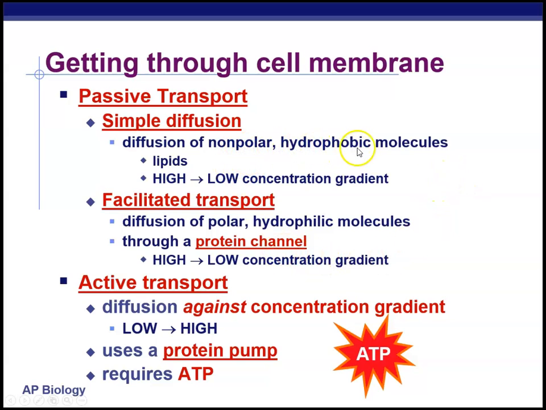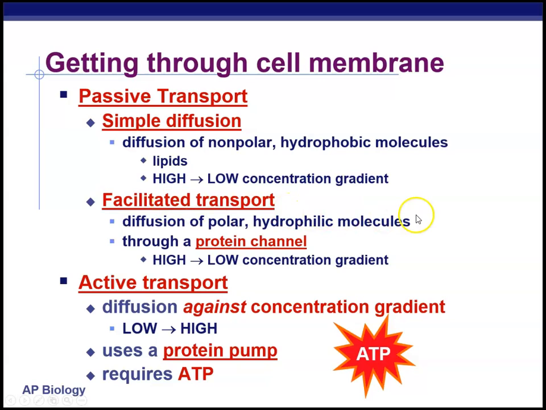Why nonpolar and hydrophobic? Remember, that's because of those fatty acids that point inward in the lipid bilayer. They have the properties of being nonpolar and hydrophobic. So any molecules that are just like them, they allow through quite easily, like other lipids.